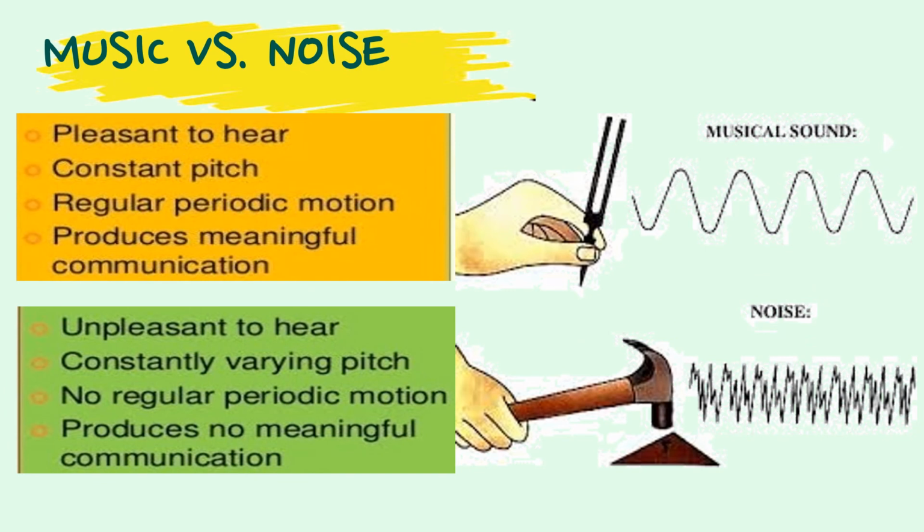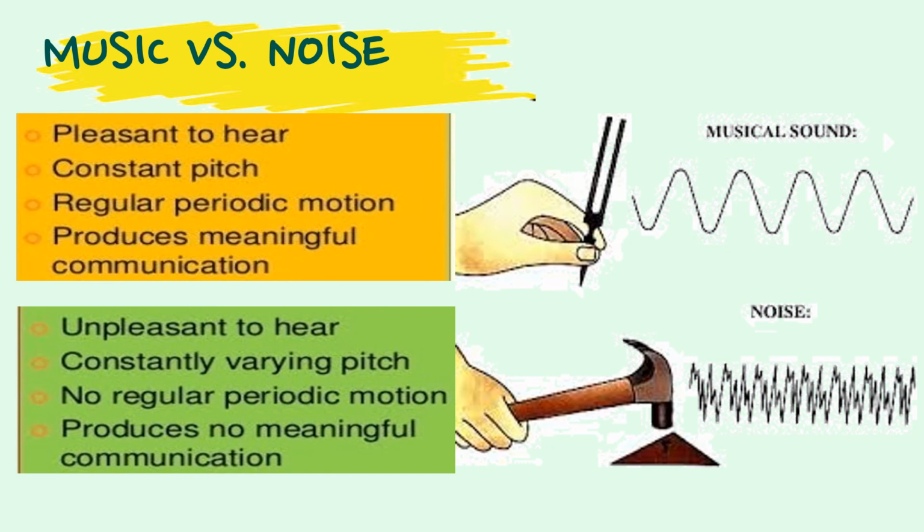Now, basically, we have talked about these different properties of sound. But take note that sound can eventually lead into two things to humans. They could be music or noise. But as we go on with this, can we differentiate music and noise? When we talk about music, it is pleasant to hear.